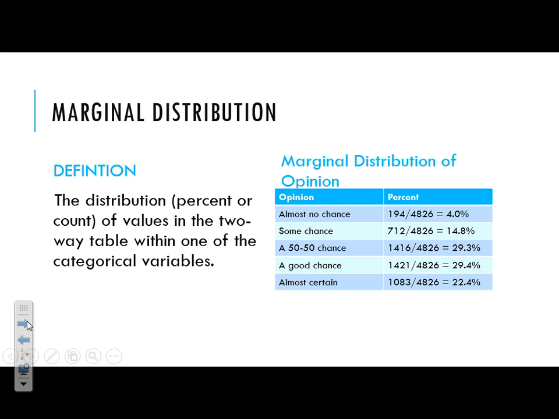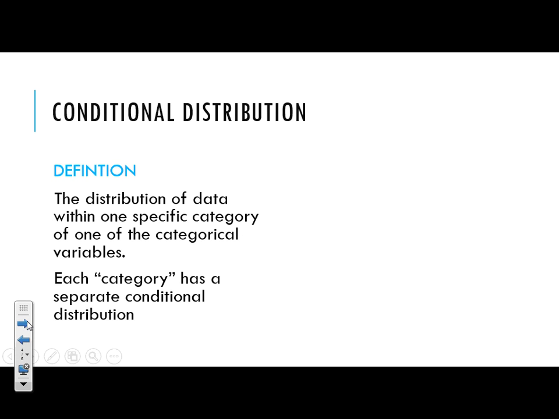All right, so let's talk a little bit about conditional distributions. A conditional distribution is where we take the distribution of data within one specific category of one of the categorical variables. So we're actually going to break the data down further. We'll be comparing two variables, but looking at a breakdown of just one specific category.